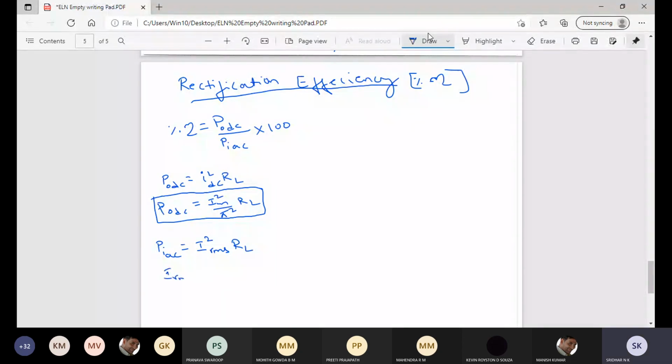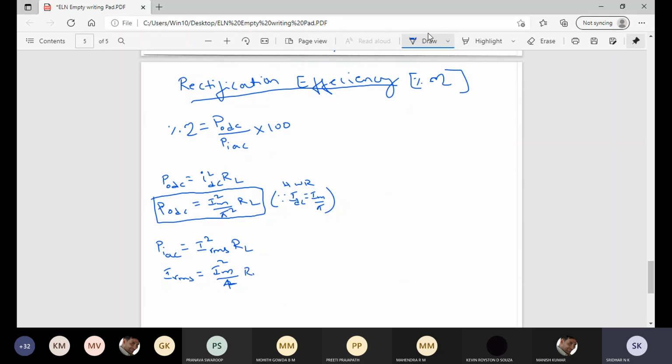So what is IRMS for a half-wave rectifier? What is the RMS value? It is Im by 2, correct? Im by 2 for a half-wave rectifier. Now you can write here, because IDC is equal to Im by pi for a half-wave rectifier, into, so square, so this becomes 4.